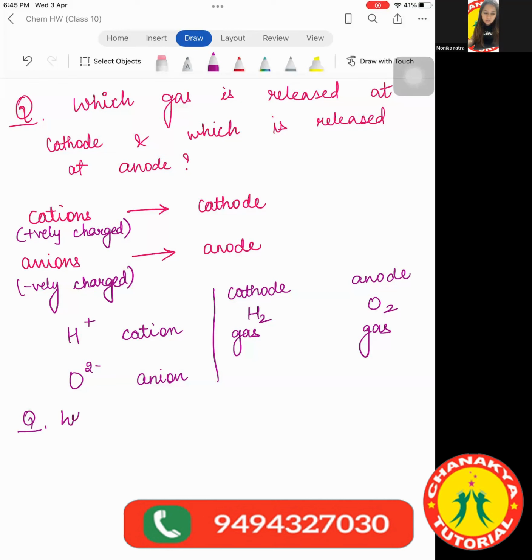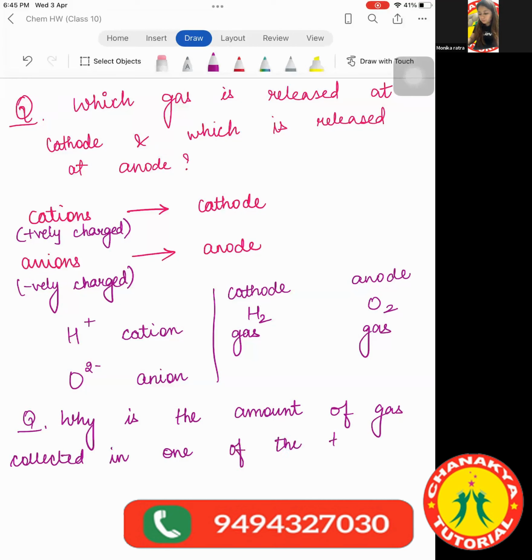Why is the amount of gas collected in one of the test tubes double the amount collected in the other on electrolysis of water?